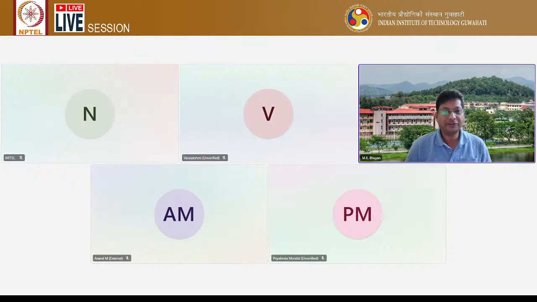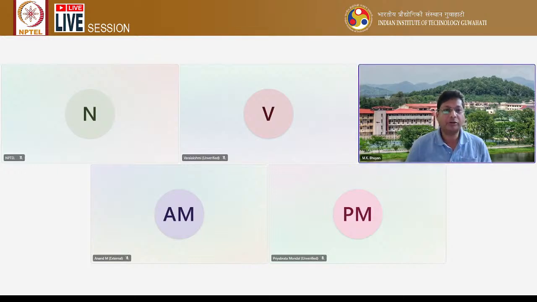And for reconstruction, I have discussed 2 techniques. One is the back projection technique. Another one is the Fourier transform technique. So these 2 techniques are quite important: the concept of back projection, and the projection theorem, which is nothing but the Fourier transformation. That is in week number 3.